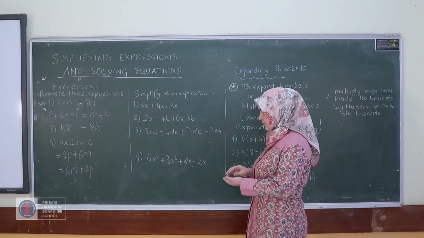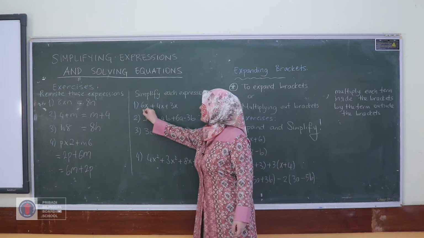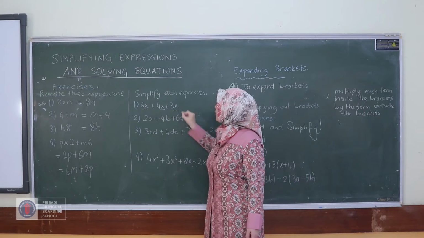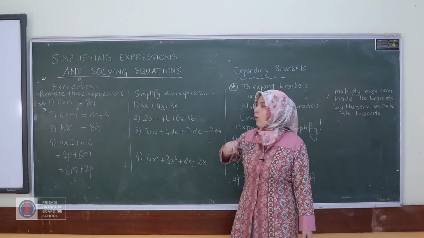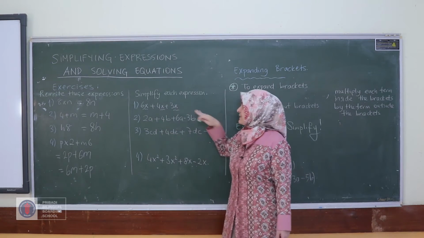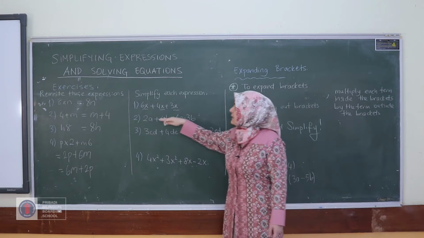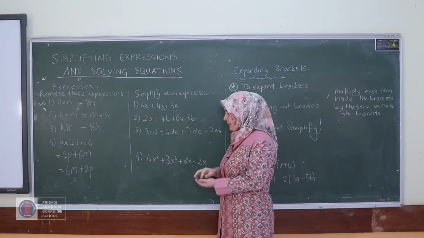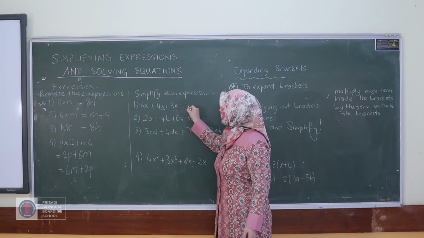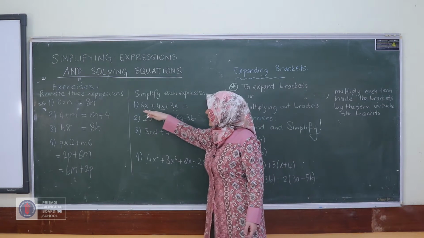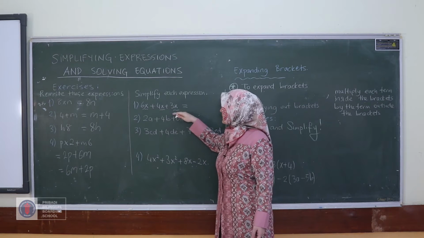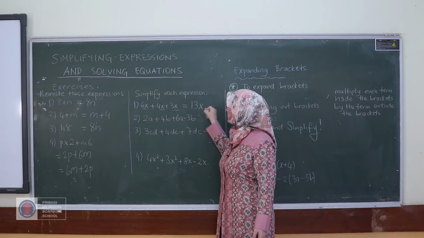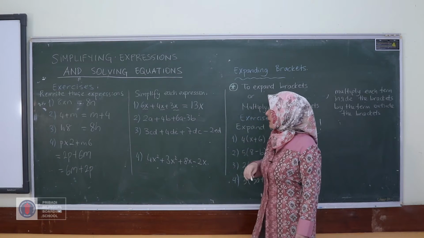For example, let's find the like terms here. The first term includes x, the second one also includes x, and the third one also. All these include x. So we can say these three terms are like terms. We can write this in simple form: 6x plus 4x is 10x, plus 3x, 13x. It is just in simple form.